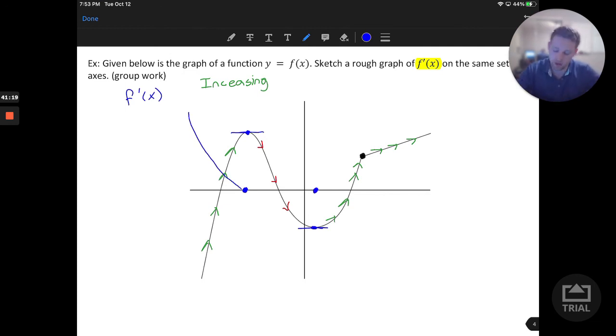And again, right now we're not going to focus on the curvature here, but we will be positive in my derivative there. In the in-between area, between that maximum and minimum, we are decreasing, so this derivative graph needs to be negative. And so we'll be below the x-axis here for that segment.